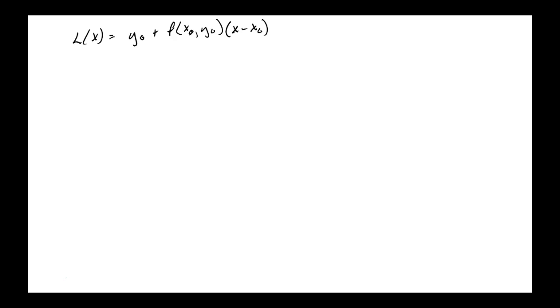Now I don't know if this rings a bell with you, but that's awful close to what we would call our point slope formula. It's not a straight line, but if you were using it as a straight line, y minus y0 is equal to the slope times x minus x0.